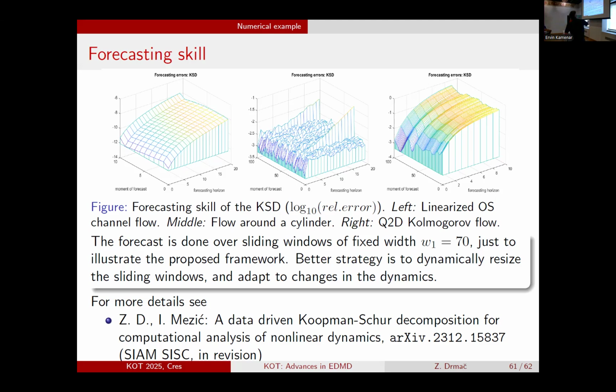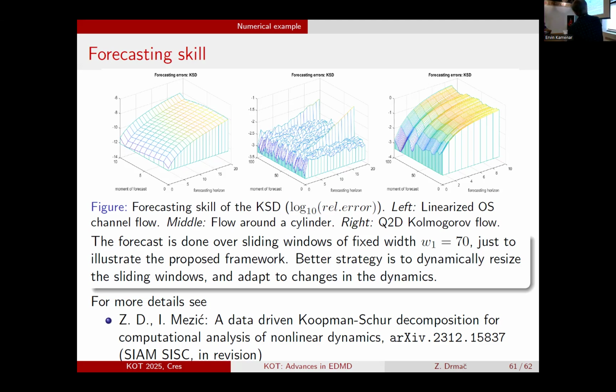But as I said, this is not the best forecasting we have, because we do have forecasting that dynamically adapts the window width depending on the performance and so on. This is just where you keep the window growing. Of course, if at some point the dynamics change for some reason, you must be losing accuracy. But then at that moment you will just forget the history and start learning from the beginning.